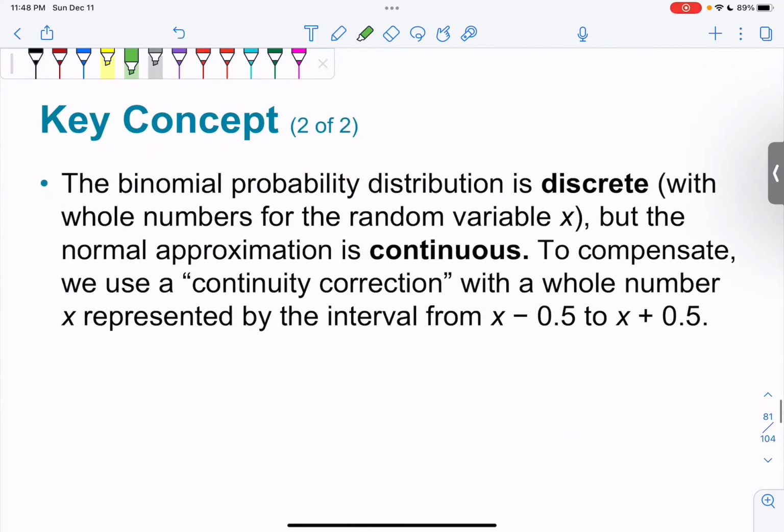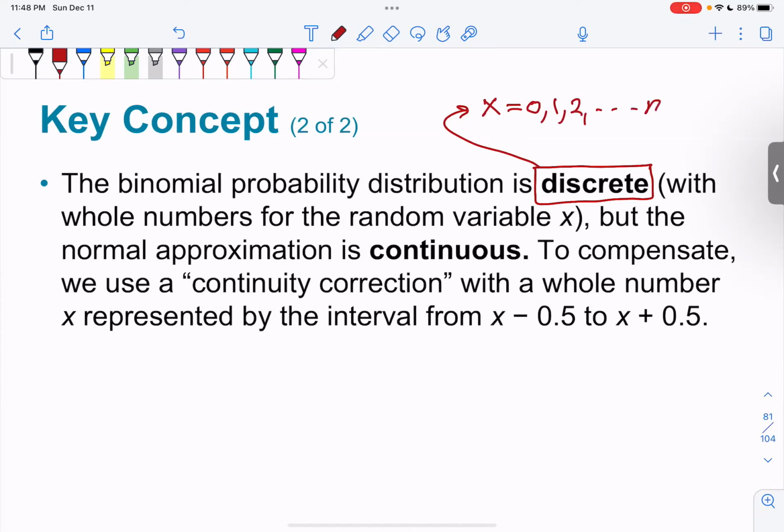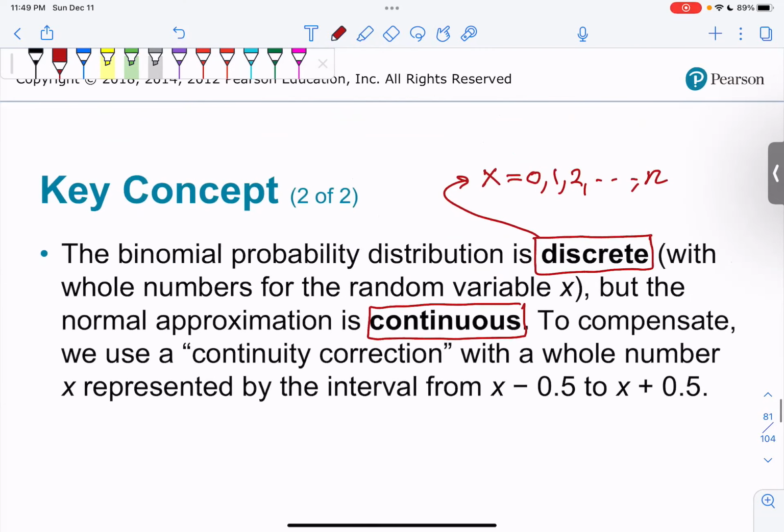So as I mentioned, the binomial distribution random variable is discrete, taking the values x equals 0, 1, 2, till a specific number of trials, right? But for normal distribution the random variable is continuous, which is in this case x.